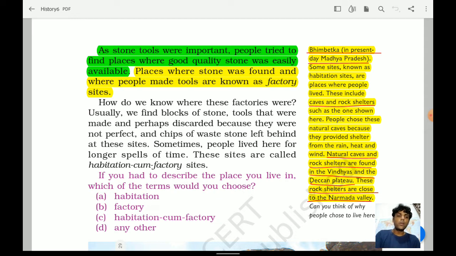So according to the utility they have carved the stones. And the places where they used to carve are known as the factory sites. Okay, so why factory sites? Because the remains of those chips or waste must have been found by the archaeologists. So that is why they have been known as factory sites.